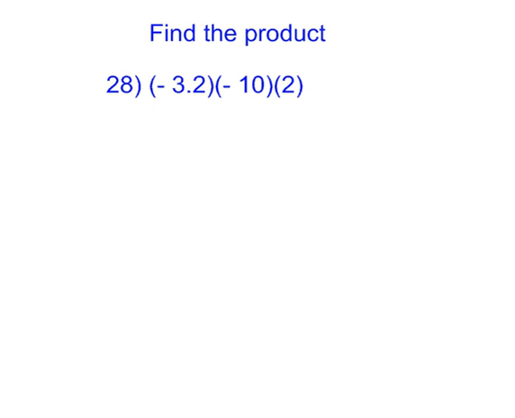28, negative 3.2 times a negative 10 times 2. We'll start out with negative 3.2 times a negative 10. A negative times a negative equals a positive. So this would be 0.32. Then 0.32 times 2 gives us 0.64.